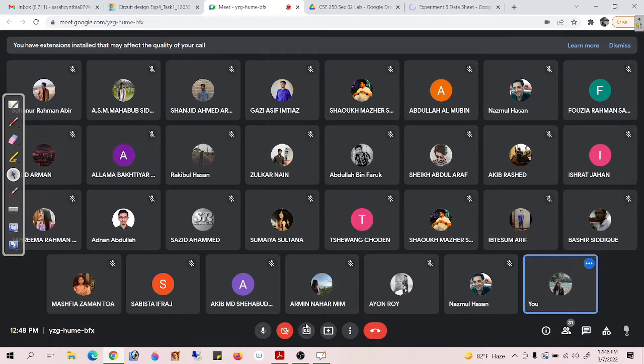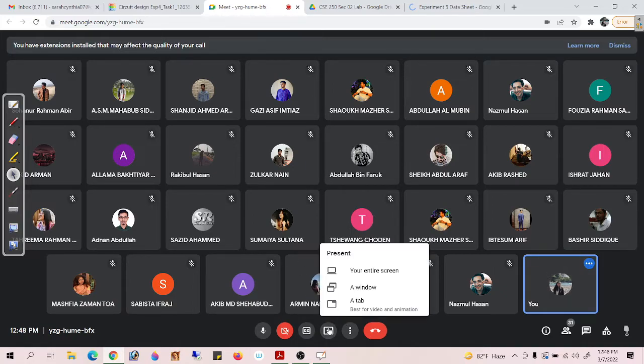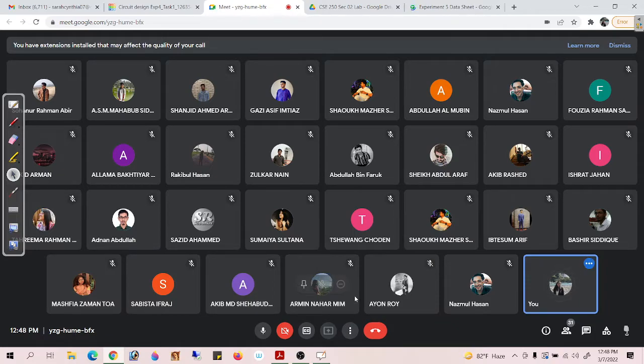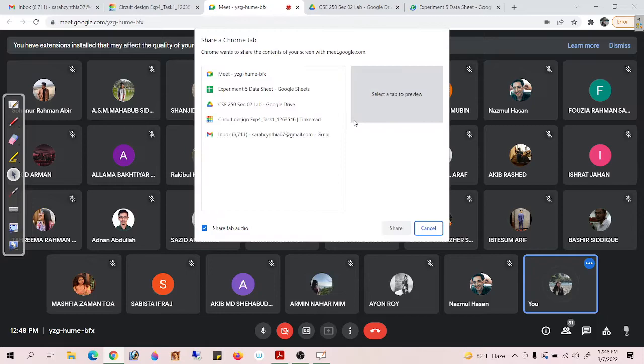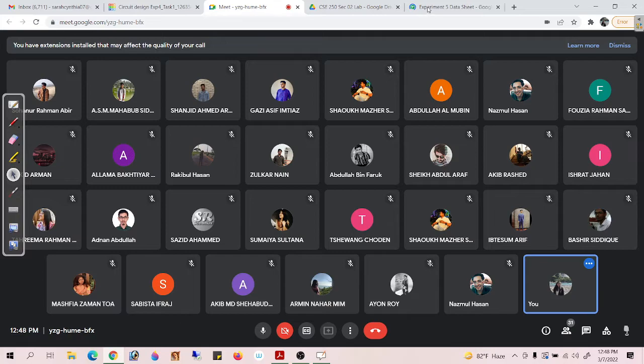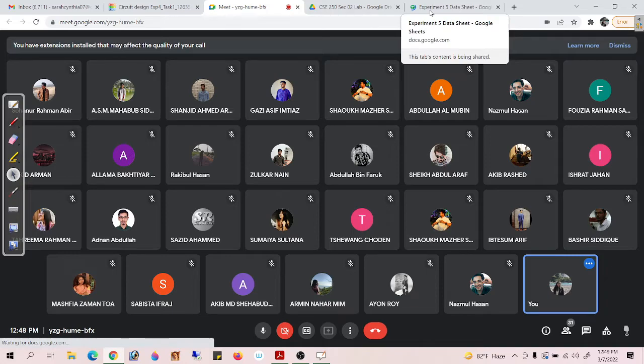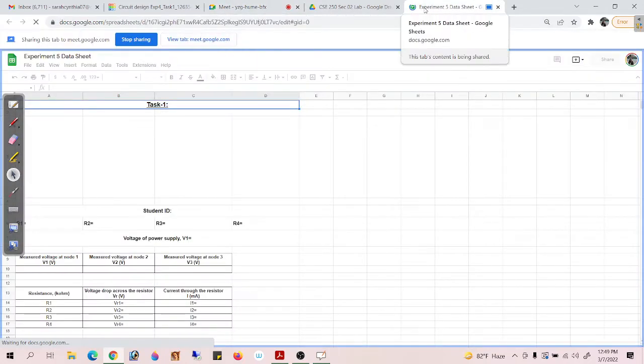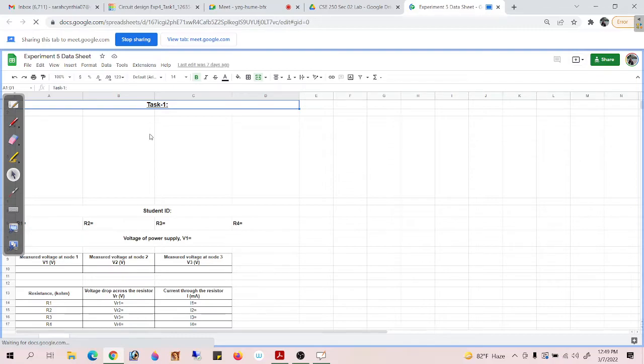আর আজকের এক্সপেরিমেন্ট নিয়ে কারো কোনো কনফিউশন থাকলেও প্লিজ বলে দিও এখনই। আমি একটু স্ক্রিনটা শেয়ার করি আবার। Okay, can you see my screen?